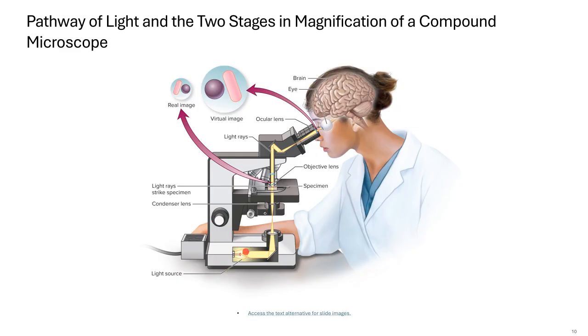You have your light source down here. The light passes through your specimen here on the stage. That objective lens is creating the real image of that microscope slide or that specimen. That light continues, it bends here and passes through the ocular where you're making a virtual image that your eye can perceive.